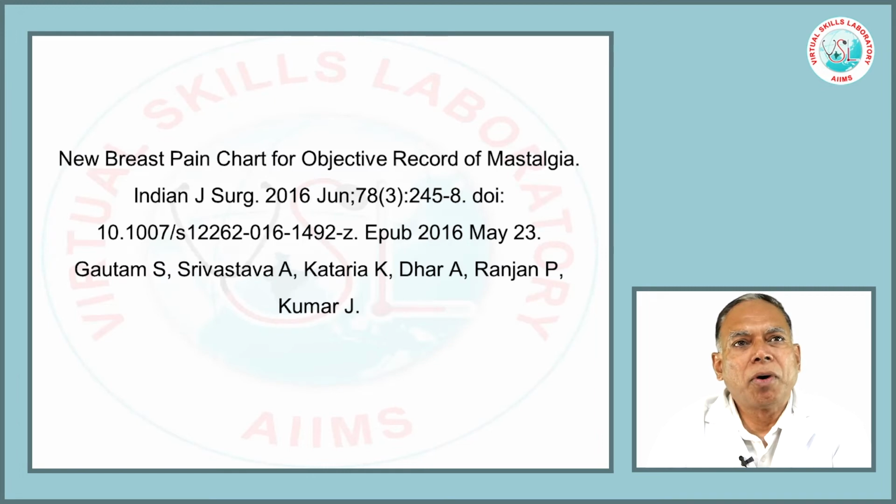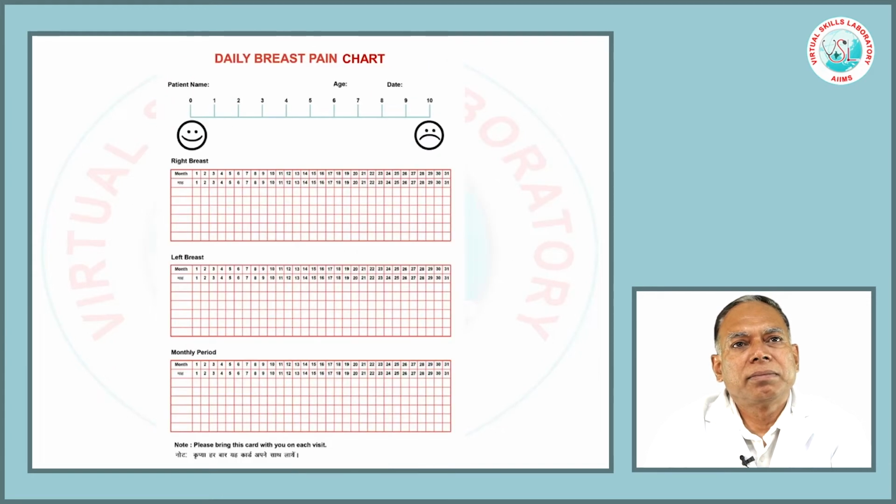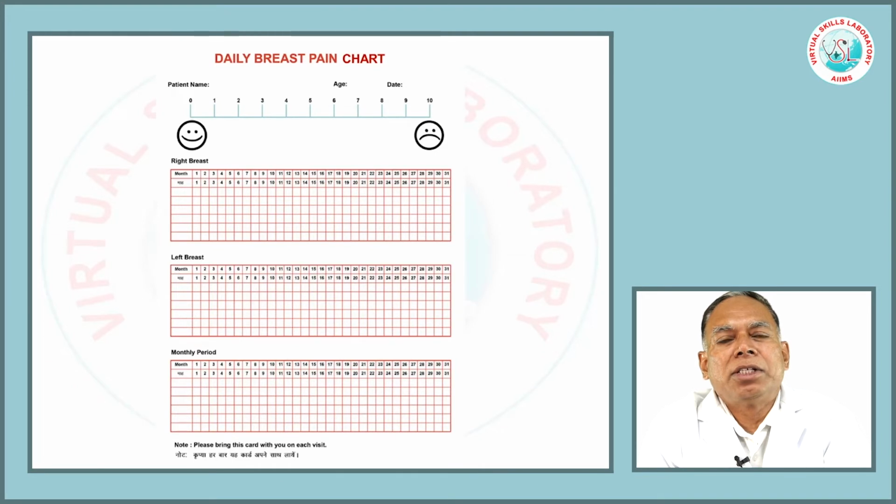We have improved upon this traditional Cardiff Mastalgia pain chart developed at our clinic in All India Institute of Medical Sciences. In this revised pain chart, we have given a visual linear analog for recording the severity of the pain on a scale of 0 to 10.